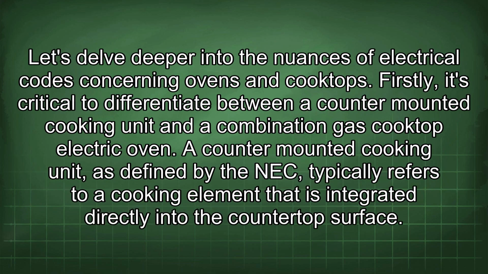Let's delve deeper into the nuances of electrical codes concerning ovens and cooktops. Firstly, it's critical to differentiate between a counter-mounted cooking unit and a combination gas cooktop electric oven. A counter-mounted cooking unit, as defined by the NEC, typically refers to a cooking element that is integrated directly into the countertop surface.